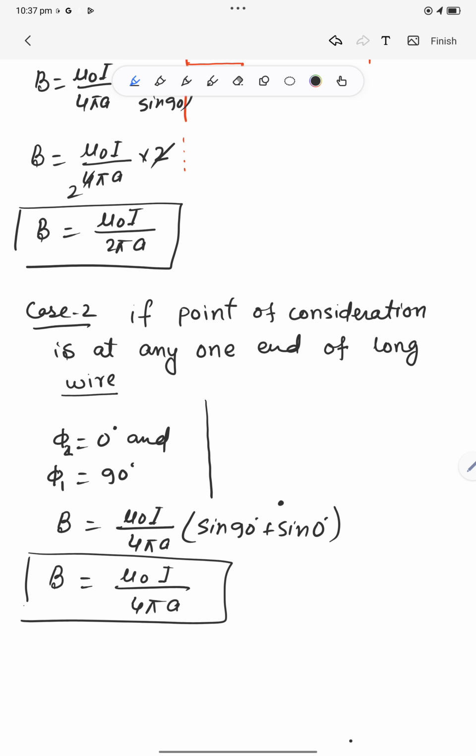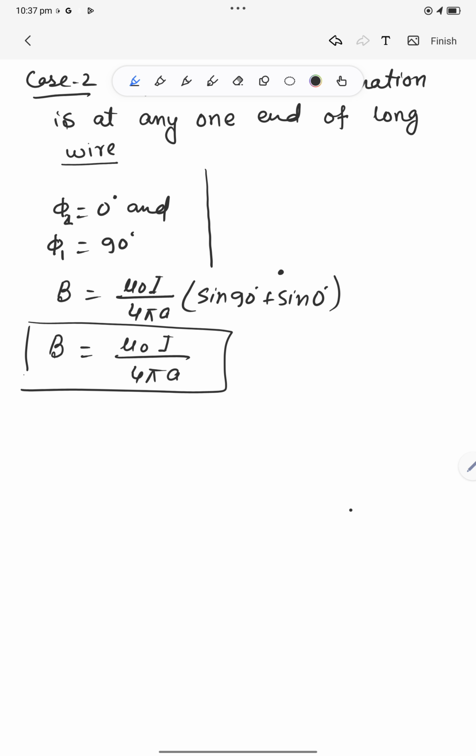The other thing is that if we want to calculate the magnetic field, let's say this is a wire and we want to calculate the magnetic field in front of this wire, here or here, then at these two points the magnetic field B will be equal to 0. The reason is that if we want to calculate the magnetic field at this point, we will consider a small current carrying element dl, and we will join this dl with this point, that is r, and the angle between this r and dl will be 0 degrees.